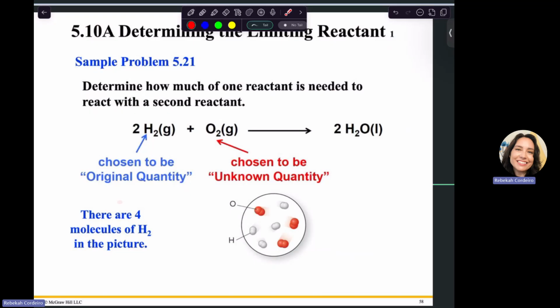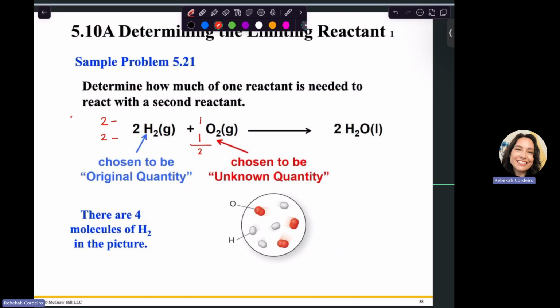In the picture here, we have 1, 2, 3, 4 moles of H2. How much O2 would we need to react with 4 H2s? 2 H2s make 1 O2. You can think about it like this: 2 H2s go to 1 O2, and 2 more H2s go to 1.